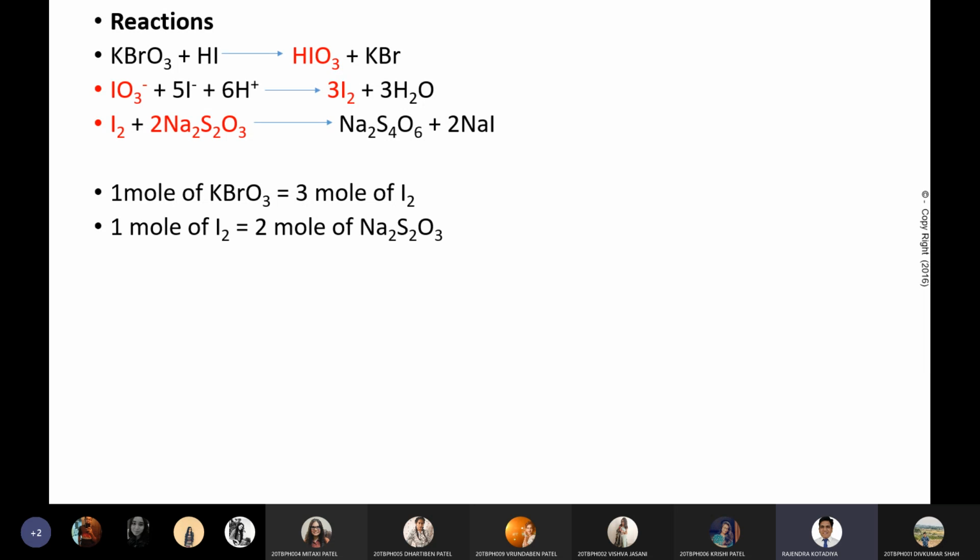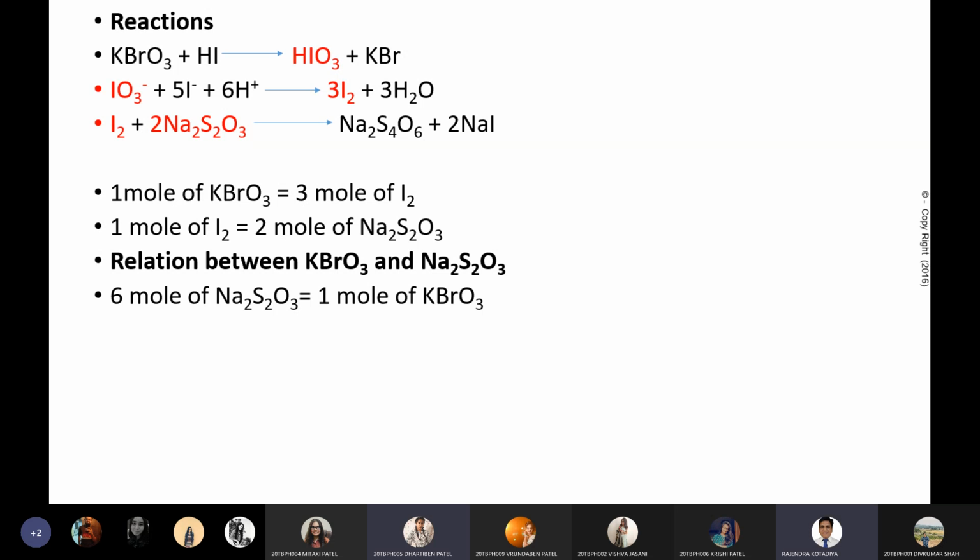Now what will be the final relation between KBrO3 and Na2S2O3, because KBrO3 is our primary standard and Na2S2O3 is the secondary standard solution? Sir, 1 KBrO3 molecule will neutralize 6 Na2S2O3 molecules. Exactly. Or we can write it like this: 6 moles of Na2S2O3 is equivalent to 1 mole of KBrO3.